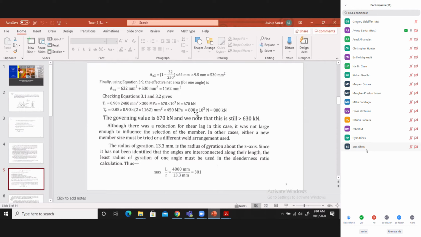This gives me a value of 800 kilonewton. So the shorter of the two, the lesser value, is 670 kilonewton, and even then the 670 kilonewton is greater than the factored load acting on the structure, which is 630 kilonewton.